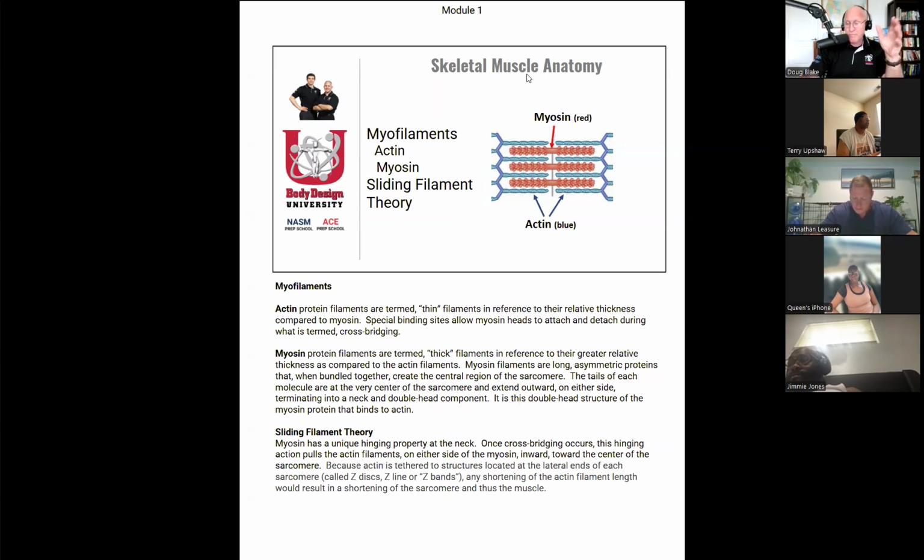What was the sarcomere? It is the fundamental contractile unit of the muscle cell. Important to know this definition. I'm going to say that again. The sarcomere is the fundamental contractile unit of the muscle cell.